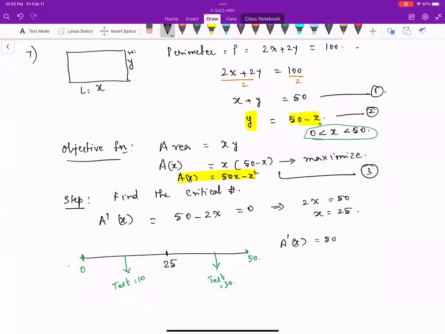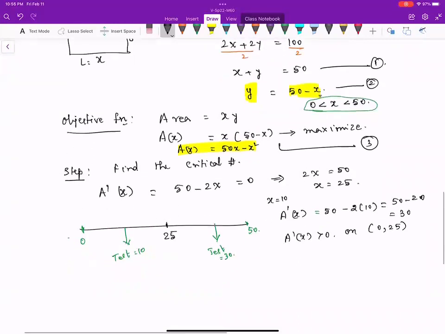So when x equal to 10, A prime x equals 50 minus 2 times 10. So it is 50 minus 20, which is equal to 30. So A prime x is more than 0 in the interval 0 to 25, which is an increasing function.